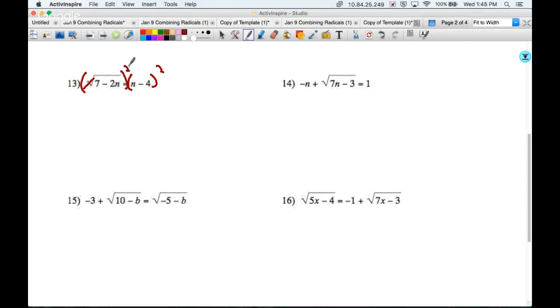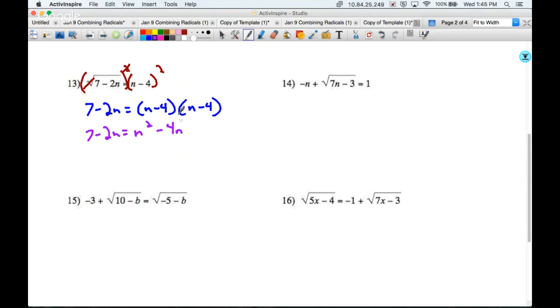After I do that, the square root and the squared cancel on the left-hand side, and I get 7 minus 2n equals the quantity n minus 4 squared. If I expand that out, I get n minus 4 times n minus 4. I'm going to go ahead and FOIL what's on the right-hand side. So I get 7 minus 2n equals our first terms multiplied, which gives us an n squared.